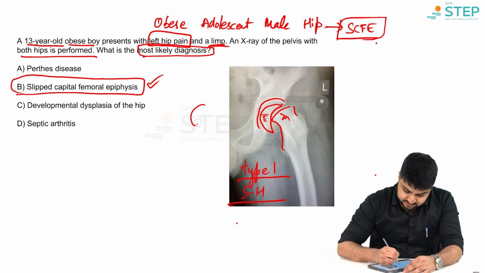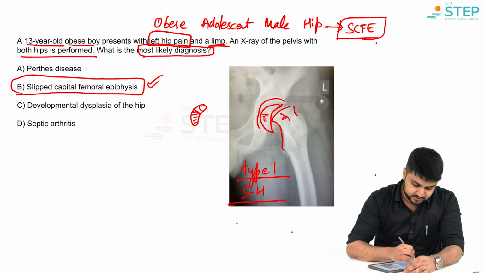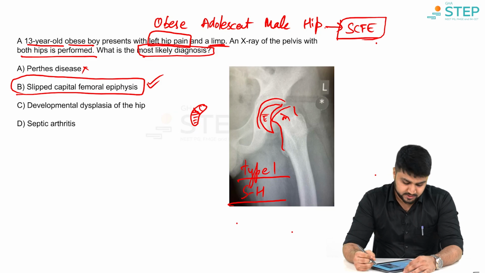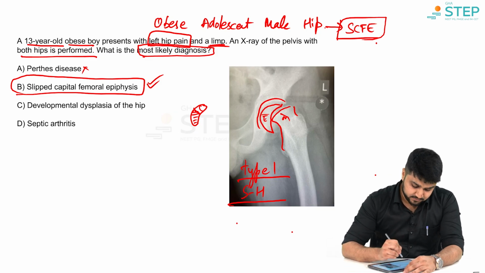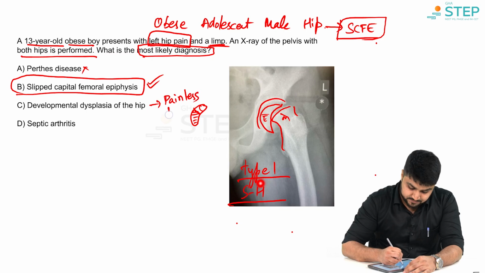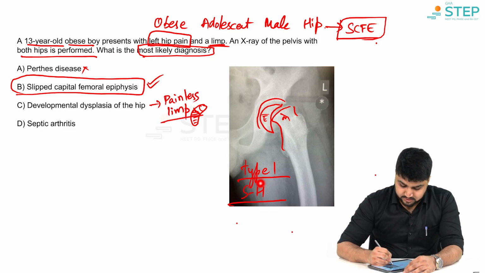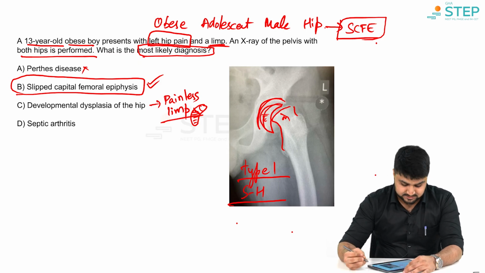Perthes disease, this relation is usually maintained. However, the epiphysis undergoes avascular necrosis and it becomes smaller in height, and it can also become fragmented. So Perthes disease is not the right option. Developmental dysplasia of hip usually presents with a painless limp, and also the relation of the acetabulum and the epiphysis will be altered and not the epiphysis and the metaphysis.